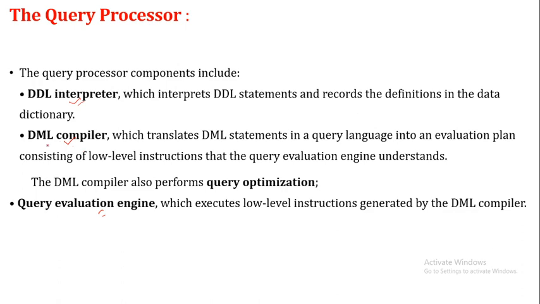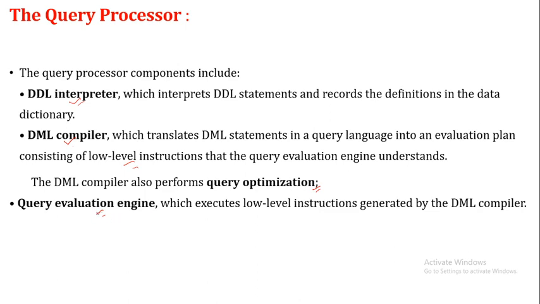And a DML compiler translates the DML statements in the query language into an evaluation plan consisting of low-level instructions. Whenever we submit a query to a database, it has certain interpretations, so to optimize this we have a query optimizer, which we will explore later.